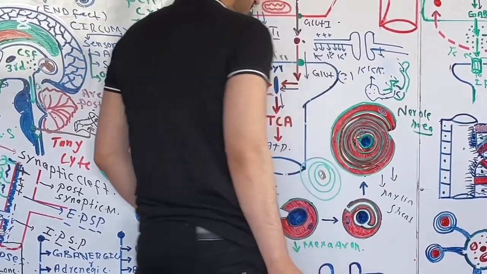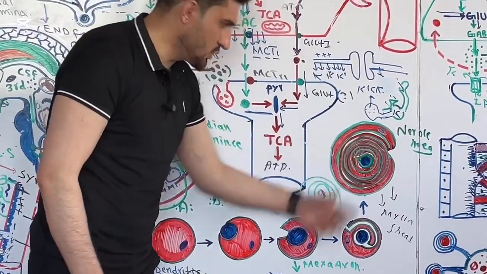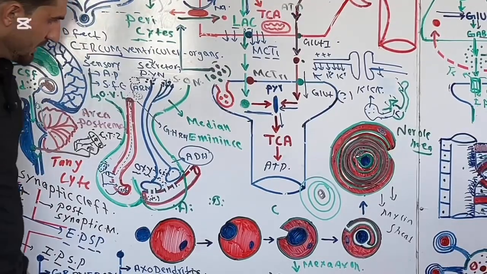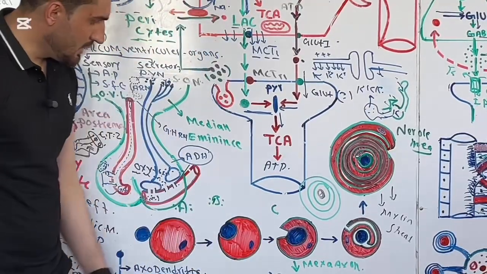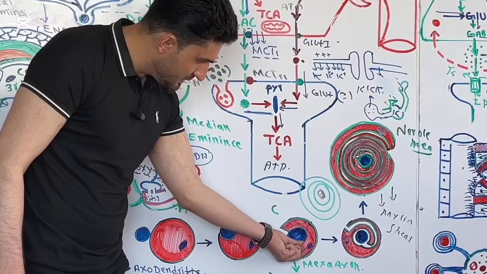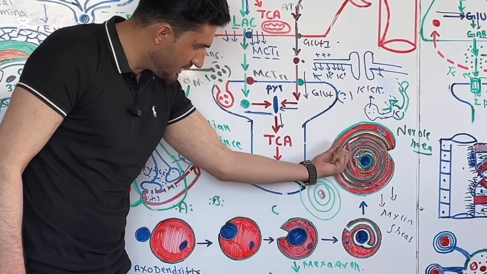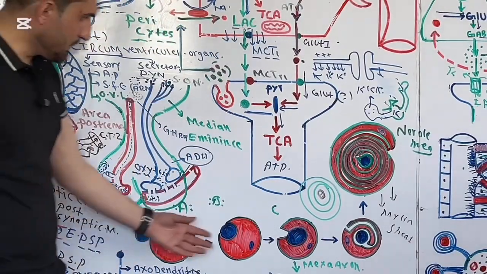The outer layer of the Schwann cell is also called the neurolemma. And the inner layer is called the mesaxon. These mesaxons are not compressed, their cytoplasm is not compressed like other layers. Okay, this is the process of myelination.